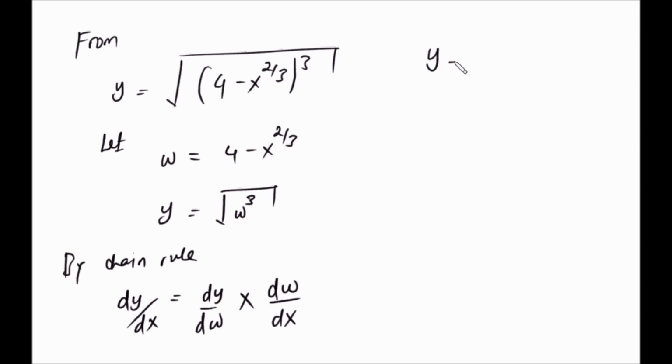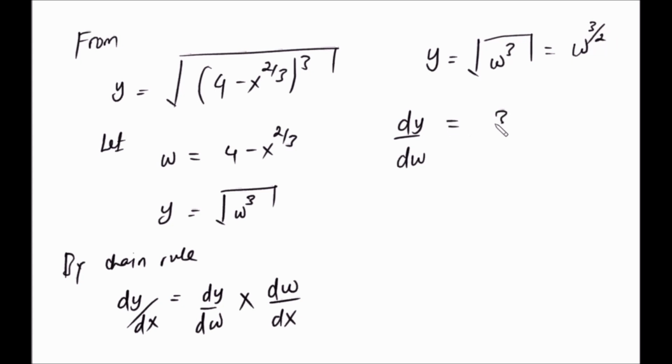Sasa hii y ni sasa na the square root of w cube, dy dw itakuwaje? Hii ni sasa na useme y sasa na w power 3 over 2. Samahani kidogo. W power 3 over 2 ni sasa na hii kwa sababu square root si ni power 1 over 2, 1 over 2 times 3 ni 3 over 2.